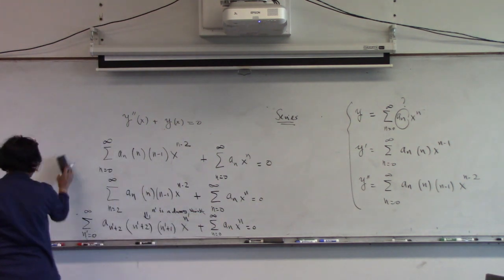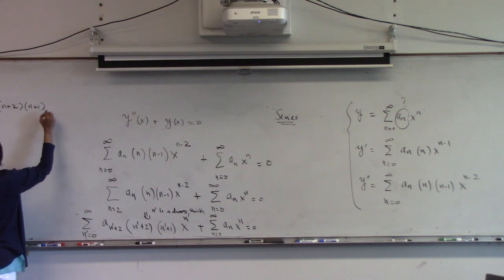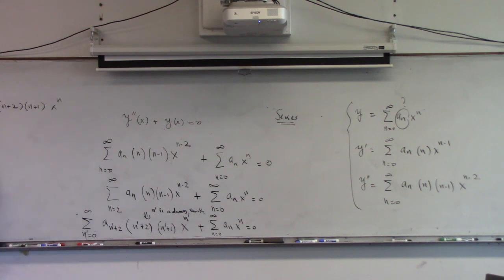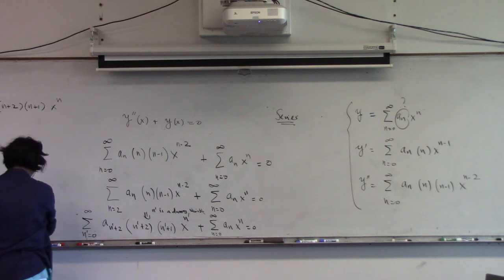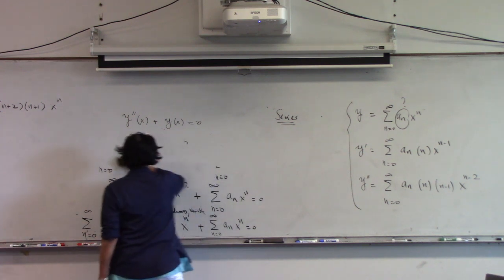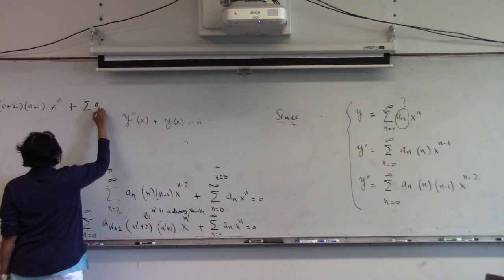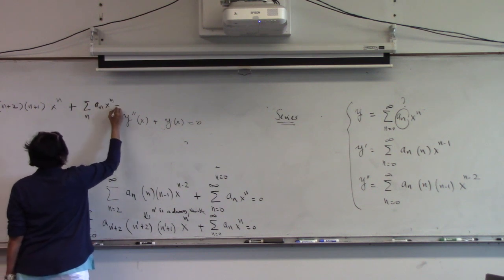I can write this equation as the summation of a sub n plus 2, times n plus 2, times n plus 1, x to the power n, plus the summation of a sub n x to the power n, with n from 0 to infinity.